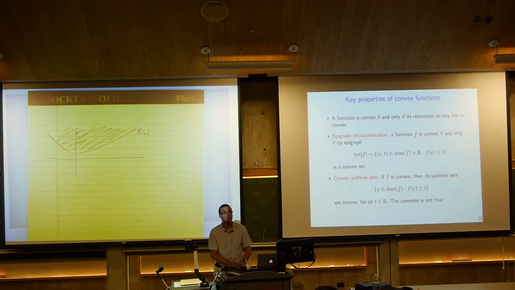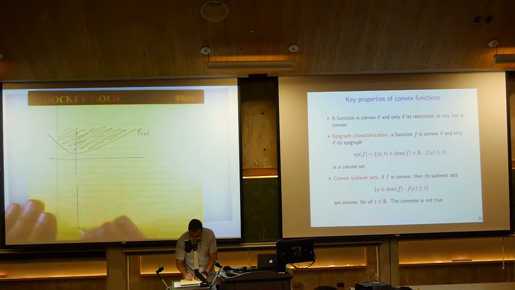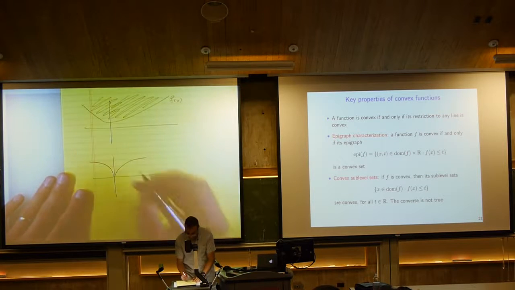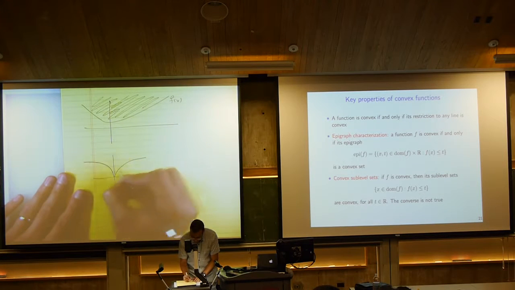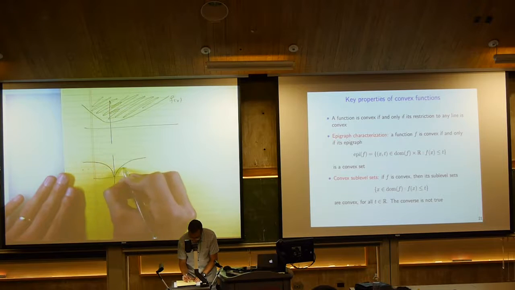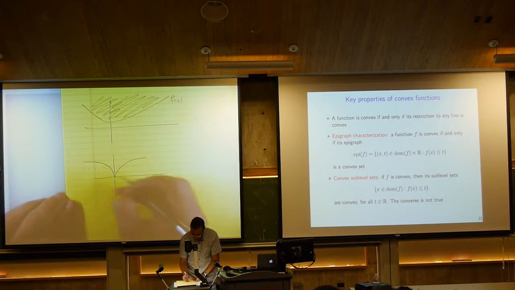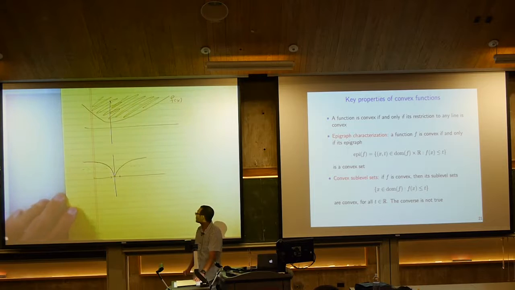Yeah? Square root x. Square root x, that's a good example. We could even reflect the square root x around the x-axis. This function has all convex sublevel sets. If I cut it anywhere, at this height, and I ask for the set of all points such that the function is less than or equal to that height, it's just an interval, which is convex.